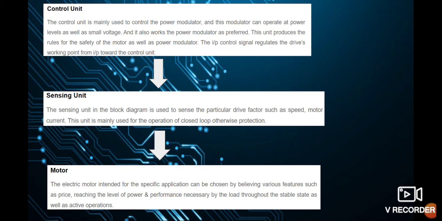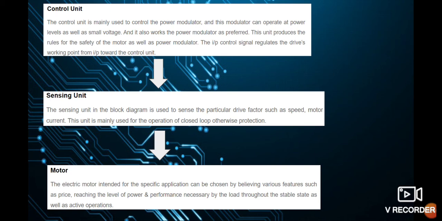Next is the motor. The motor is intended for the specific application and can be chosen by considering various features such as the price, the level of power, and the performance necessary for the load throughout the steady state as well as dynamic operations.